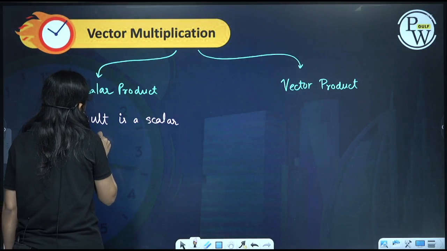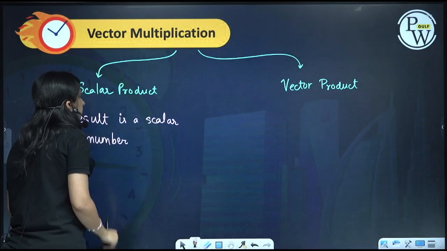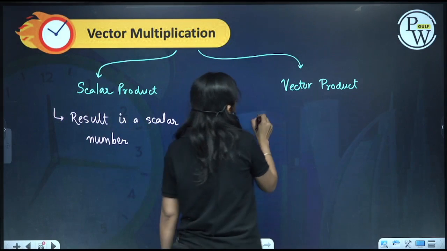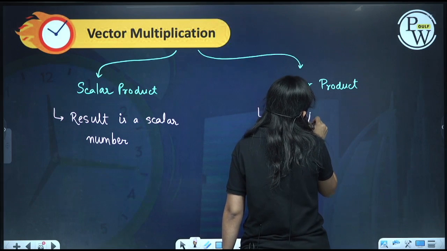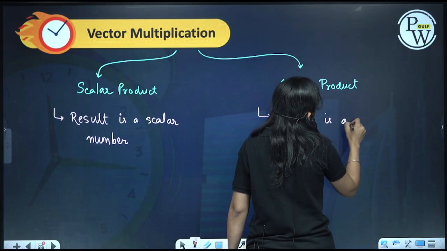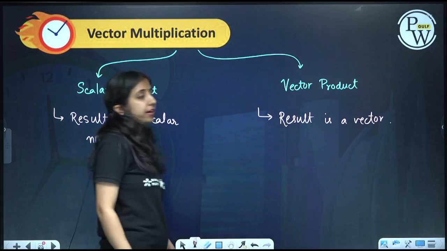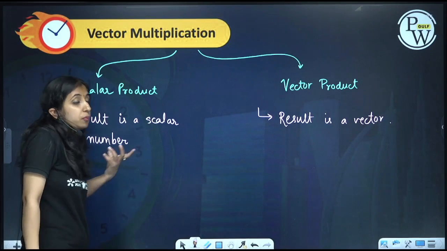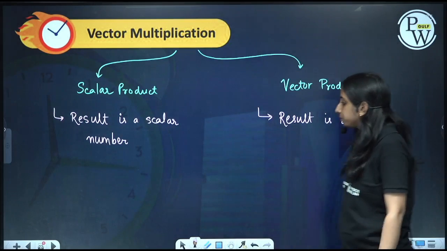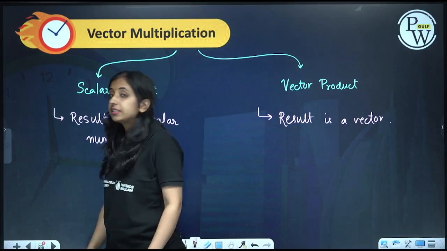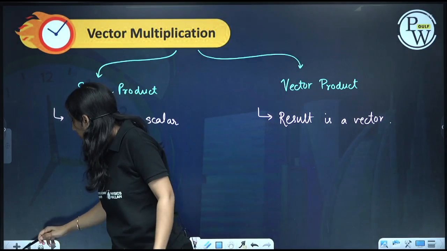If I multiply two vectors and get the result as a scalar, this is called scalar product. And if we multiply two vectors and the result is a vector, then it is called vector product. Clear? So the result is a scalar in scalar product, and the result is a vector in vector product.